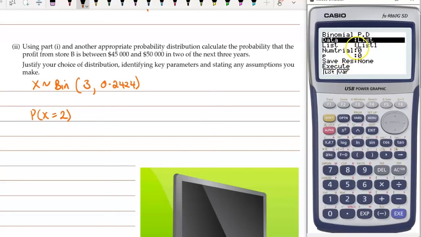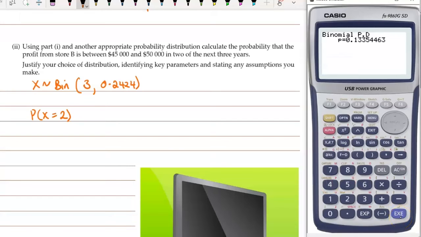We need to tell the calculator our data is not sitting in a list that it has in its tables. It's actually a variable. So we need to change that to variable by hitting F2. Okay, now the X value is 2. We want X equals 2. The number of trials is the 3 years that we've got, and the probability of success is 0.2424.